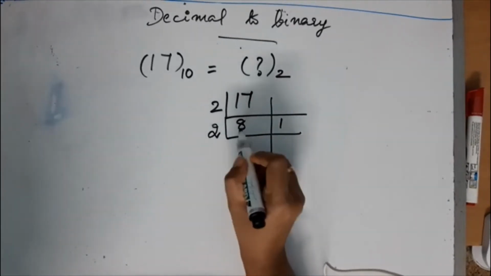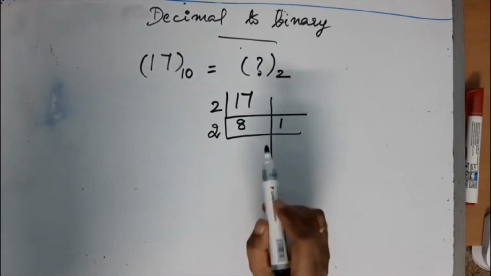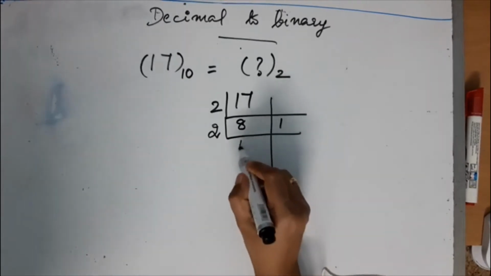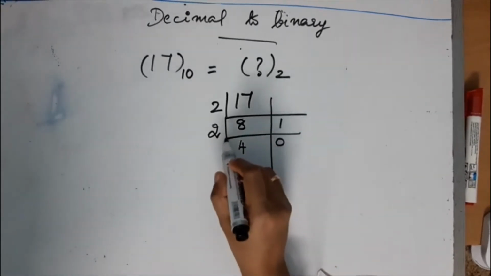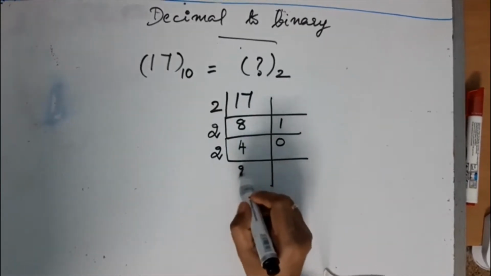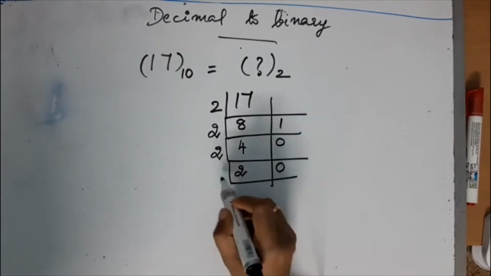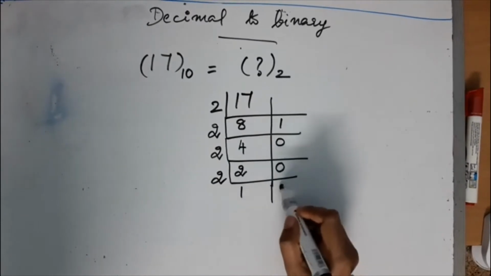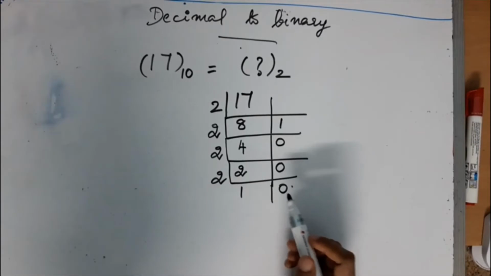Again 8 is not a binary digit, so again you will divide. 8 divided by 2 is 4 is quotient, it is fully divisible, so remainder is 0. Again 2 2s are 4 and the remainder is 0. Again divide by 2, 1 2s are 2 and the remainder is 0. Now don't forget to put this particular 0.